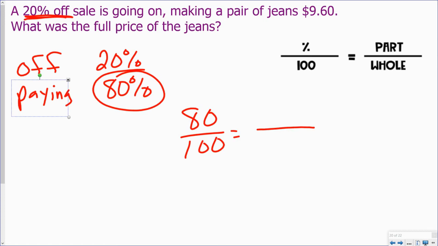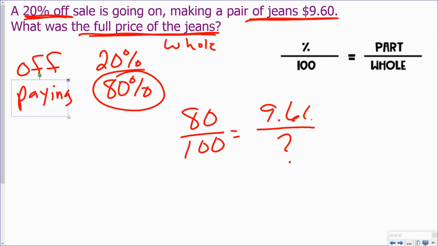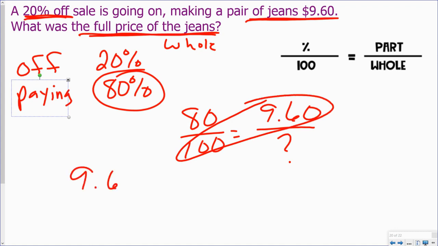And it says, what is the full price of the jeans? So that's the whole amount here, and that's what I'm trying to find. And after I take the sale price, that gives me $9.60. So $9.60 would go there. Cross multiply here. $9.60 multiplied by 100 gives me 960.